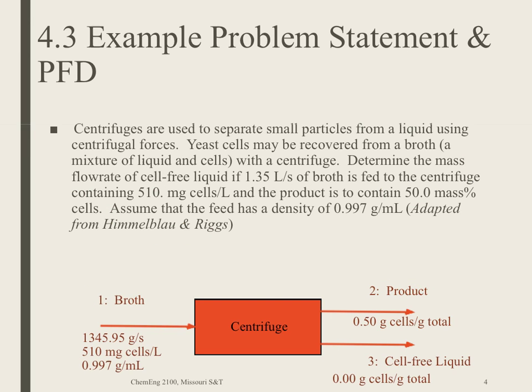So, what's the next step? Well, the next step is to draw the picture. So in this case, I have a centrifuge as my process. I have the broth being fed in, and I'm going to have a product that will be the yeast cells, and I will have a cell-free liquid.